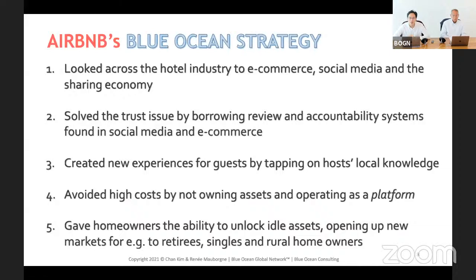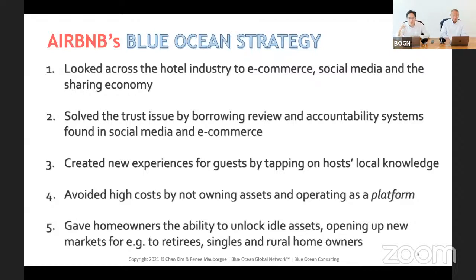So this opened up very new markets, especially to retirees, to single people with maybe one more bedroom that they don't use, and also to rural homeowners who didn't used to think that people would want to stay in a farm, for example, or outside of the city, where there's fresh air, or maybe near a lake. And all these people now started to see that, hey, we could actually have some form of passive income now, from Airbnb.